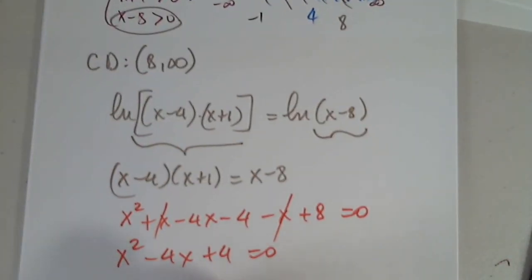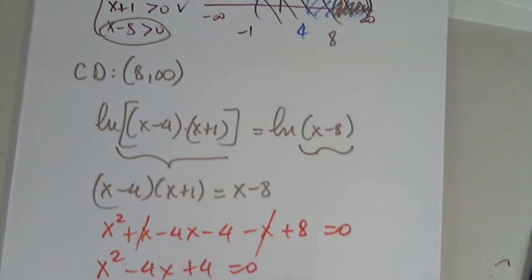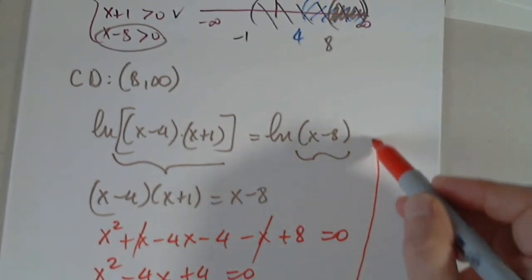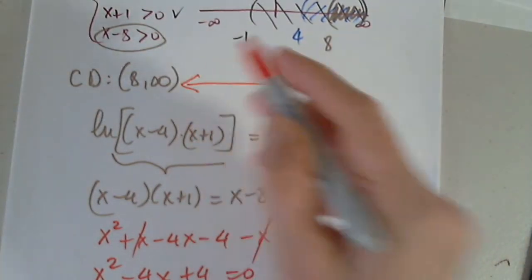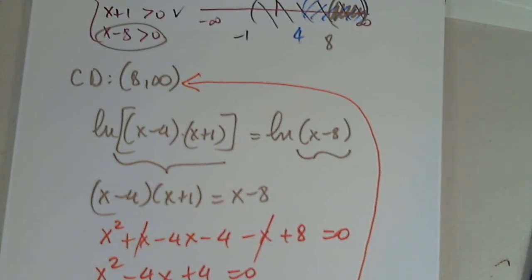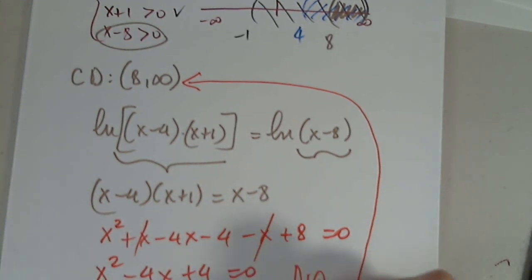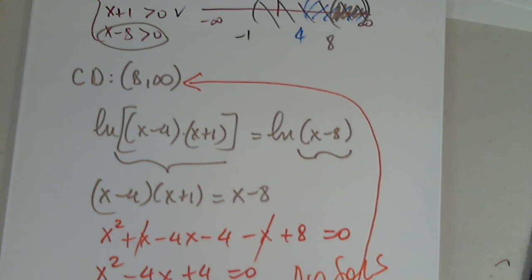Almost. X minus 2 squared equals 0, so x equals 2. What do we conclude? No solutions. No solutions.